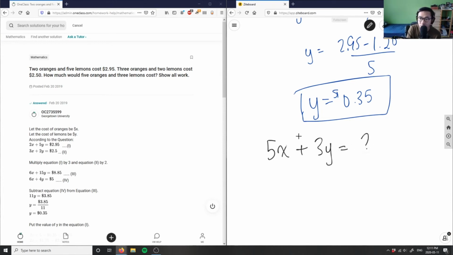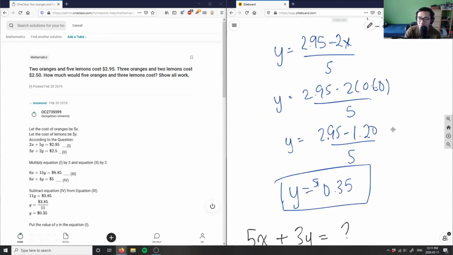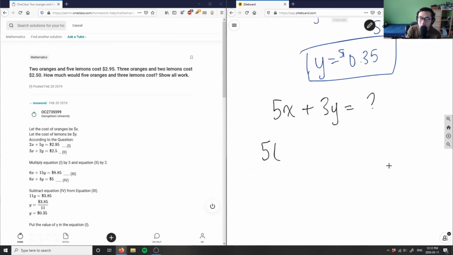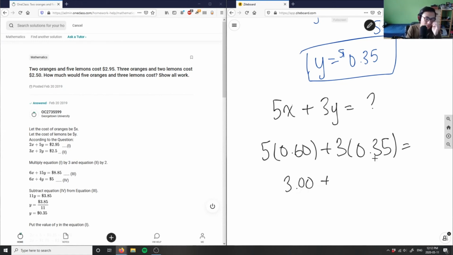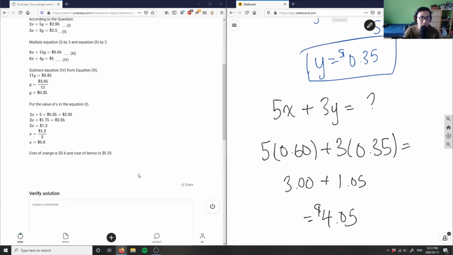We solved for x, which is 60 cents, and y is 0.35. 5 times 0.60 is $3, plus 3 times 0.35, which is $1.05, and this would equal $4.05. So this is my solution to the problem.